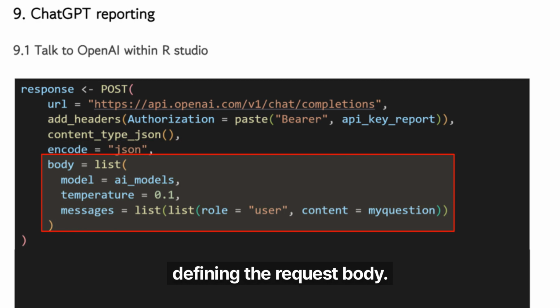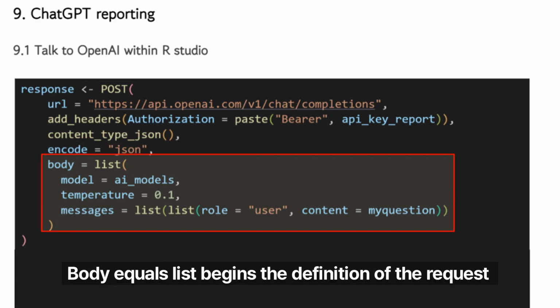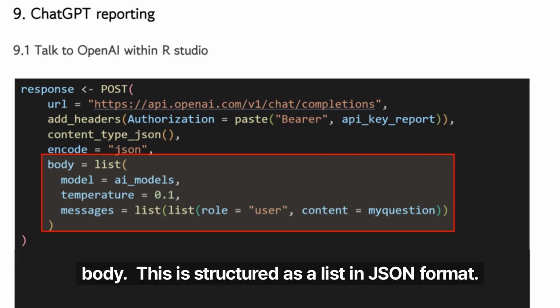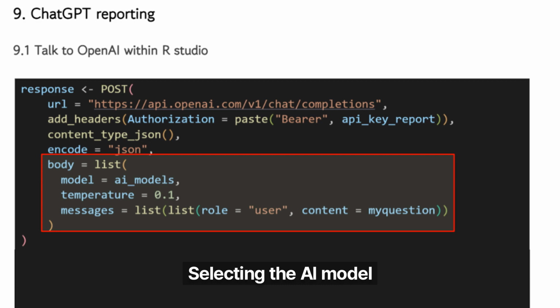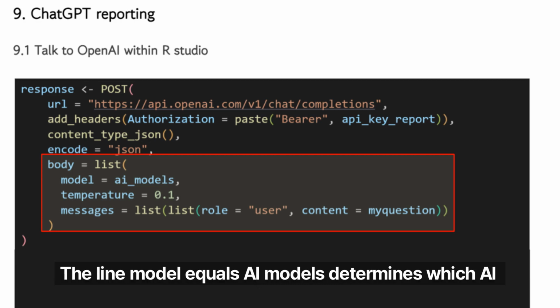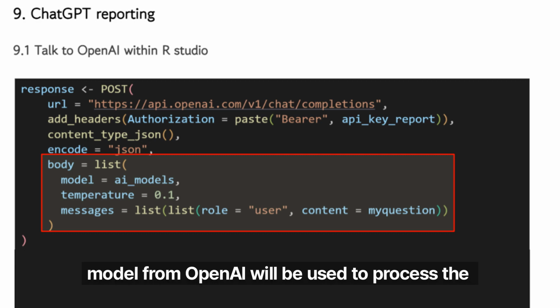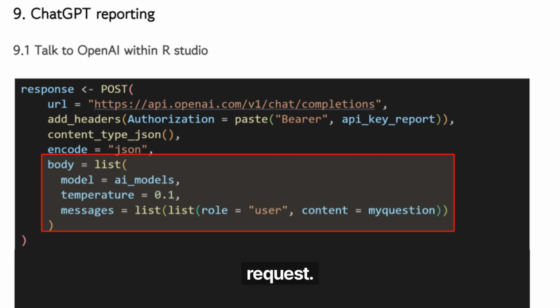Defining the request body: body equals list begins the definition of the request body. This is structured as a list in JSON format. Selecting the AI model: the line model equals AI model determines which AI model from OpenAI will be used to process the request.